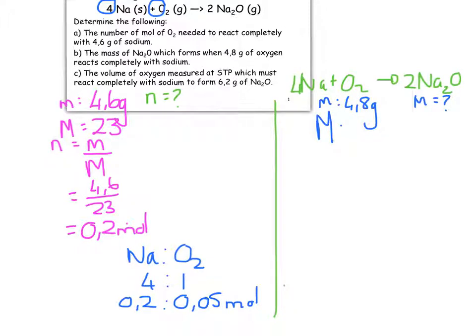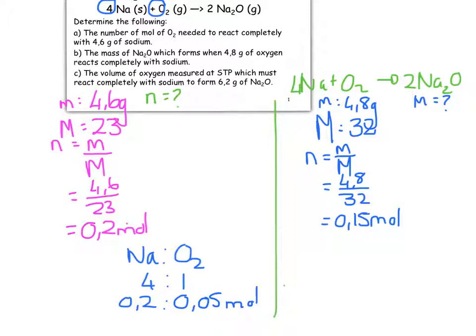The minute I'm dealing in masses, I work out the molar mass, and oxygen is 32. Number of moles is equal to mass over molar mass, which is 4,8 divided by 32, and I land up with 0,15 moles.